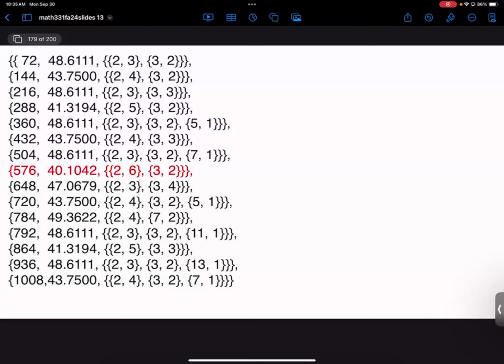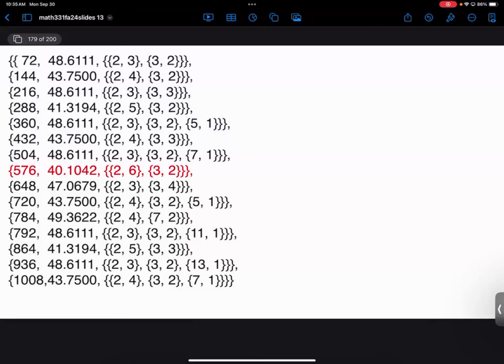If you look at the percent of residues that you hit, 576 is the smallest I've seen, up to a little bit more than 1,000. I think I went up to 1,024, 1,025, something like that. So I got up to 40.1042. That's not bad. So the question is, what's the smallest? Can you do something smaller than 40.1042?